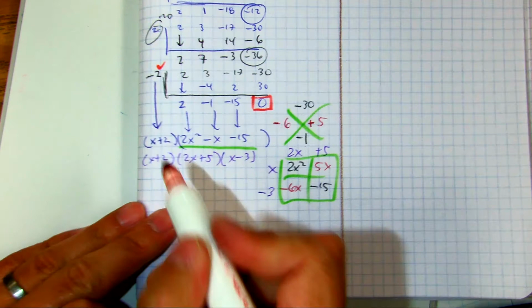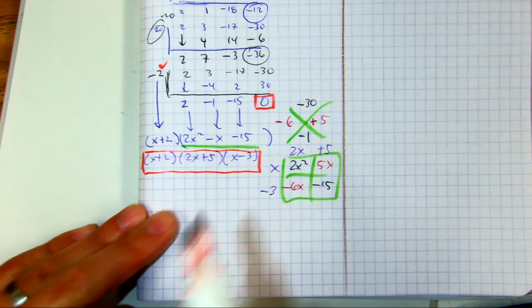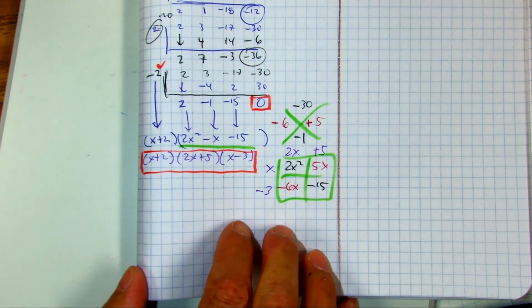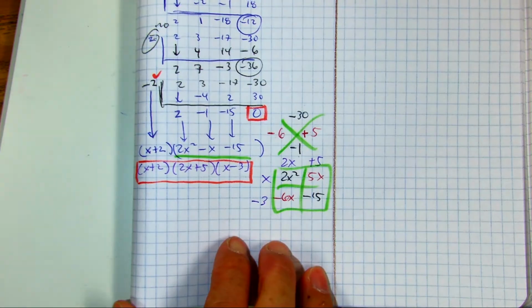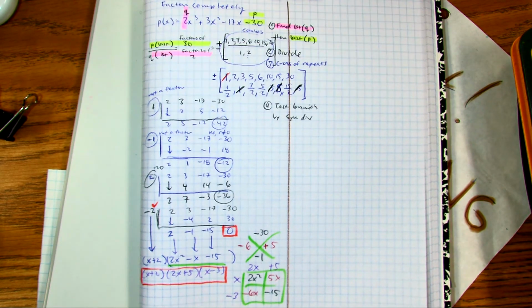Okay, do you guys want to know a faster way? I'm not going to tell you. Because if you understood yesterday's lesson, there might be a faster way. But if not, you'll just have to use the rational roots theorem.